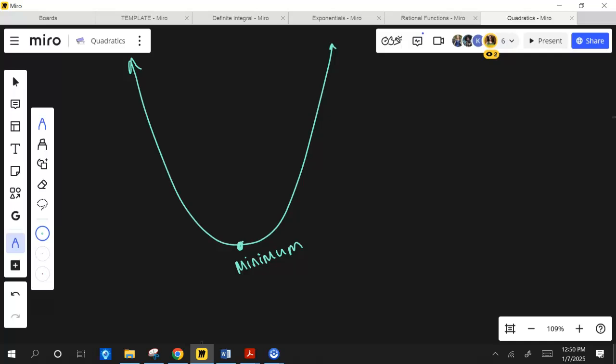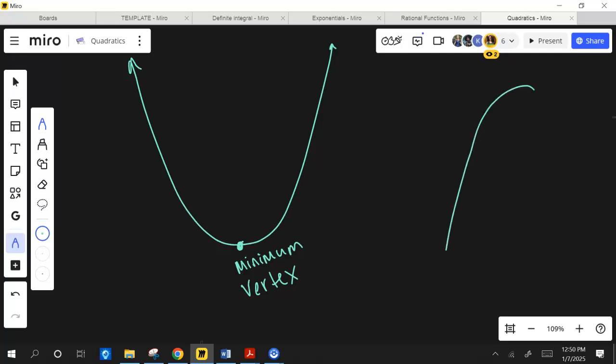No, it doesn't have a Z in it. A what? No, it's one of those vertex. Vertex! Yes, that's the vertex. Good job. The vertex is where the minimum happens. It's the very lowest point on the parabola.